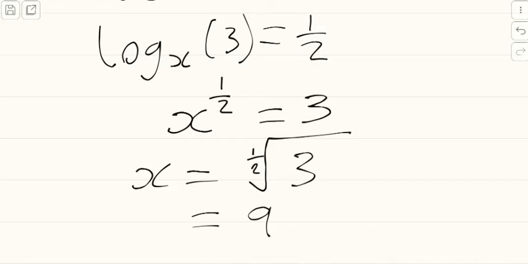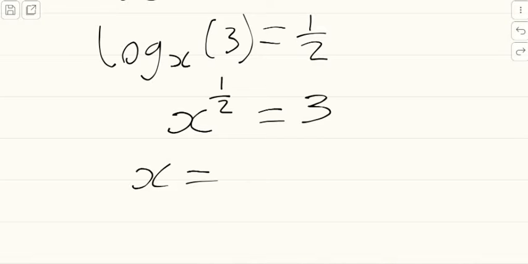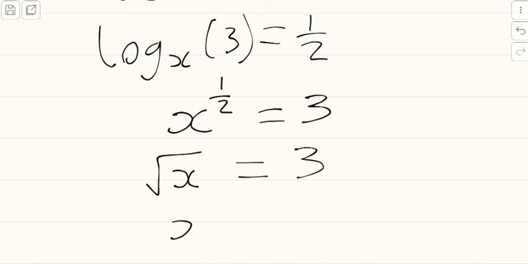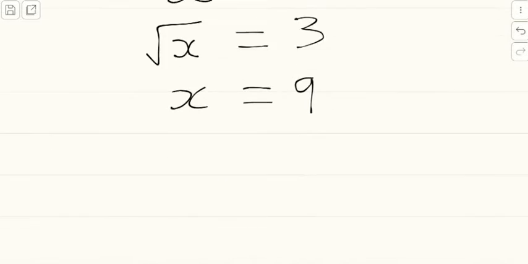That's one way of doing it. Let me just show you another way. In this case, x to the power of a half is the same thing as the square root of x, which equals 3. So therefore, x is going to be equal to 3 squared, which is going to be 9.